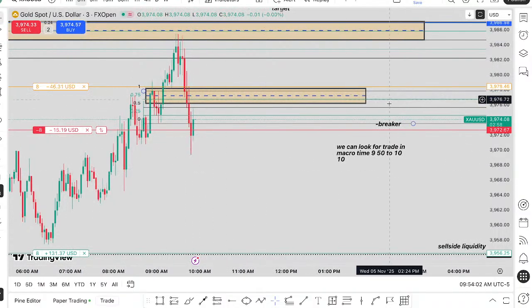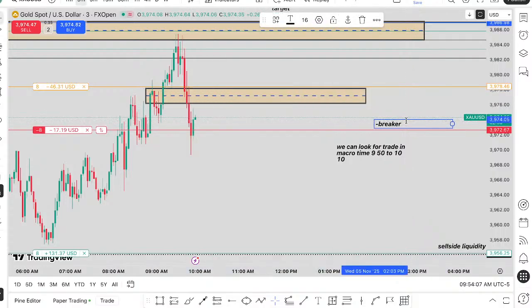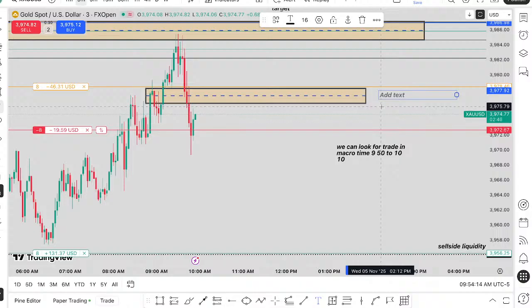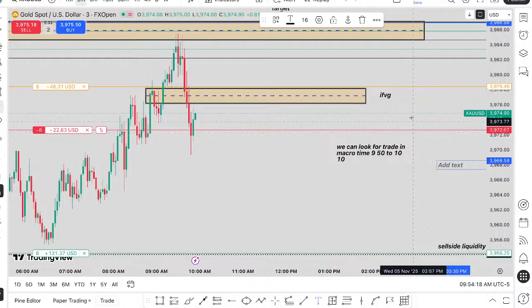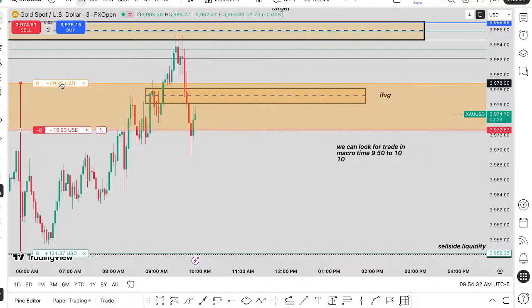So now I can just remove this breaker block and just watch the inversion fair value gap for price to drop. Still in this macro time, price can touch maybe the lower midpoint or tick a little bit above that, and we'll keep it one tick above that zone.